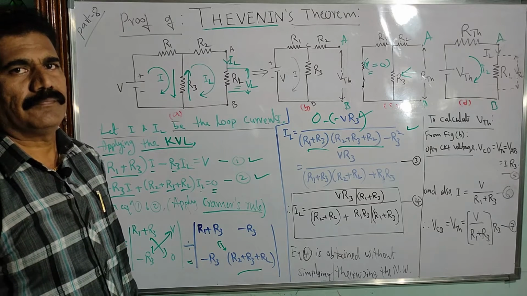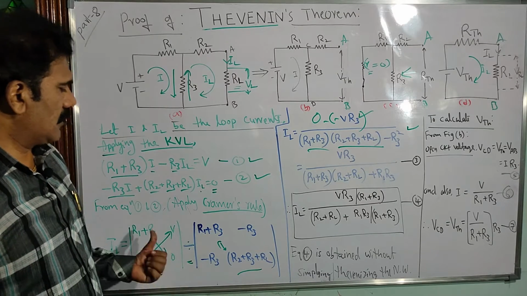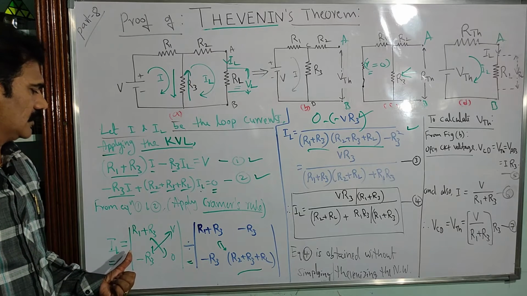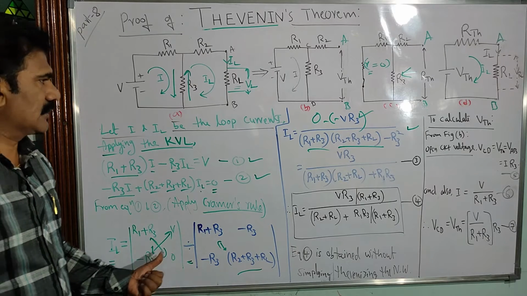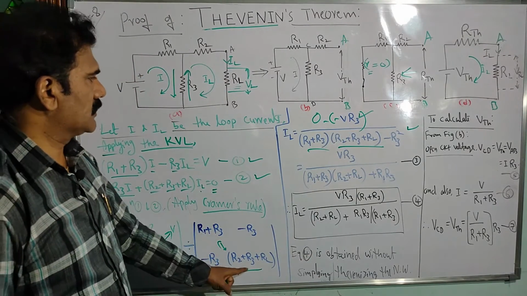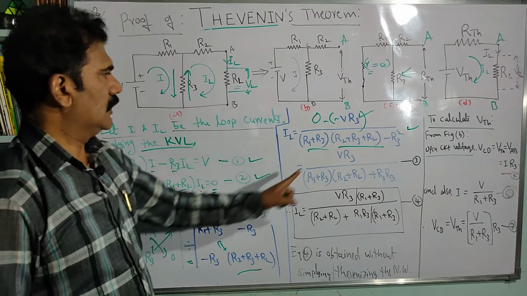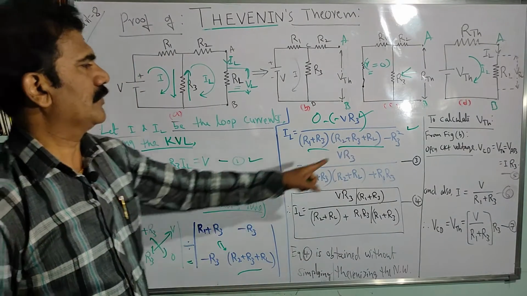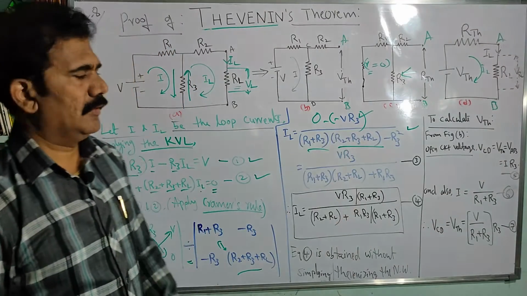Is it clear? I hope you are getting how to simplify these equations. In the numerator determinant we get only V R3, and in the denominator we get R1 plus R3 into R2 plus R3 plus RL, minus R3 square.